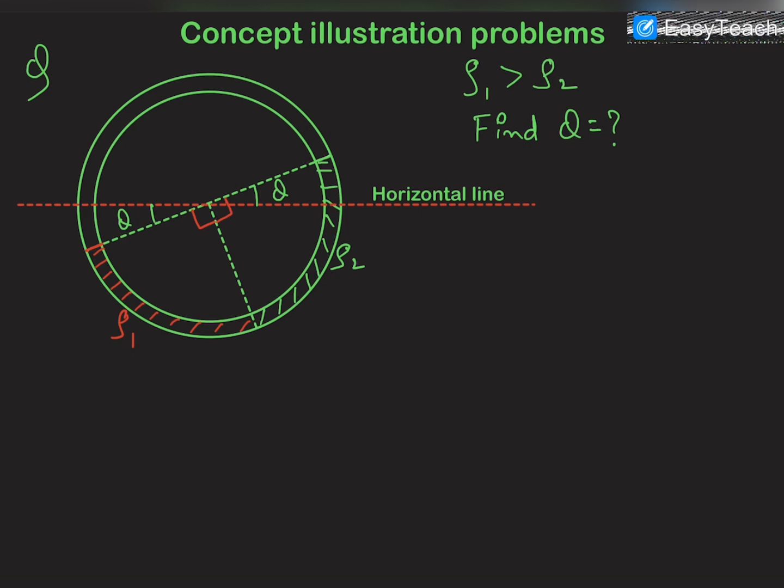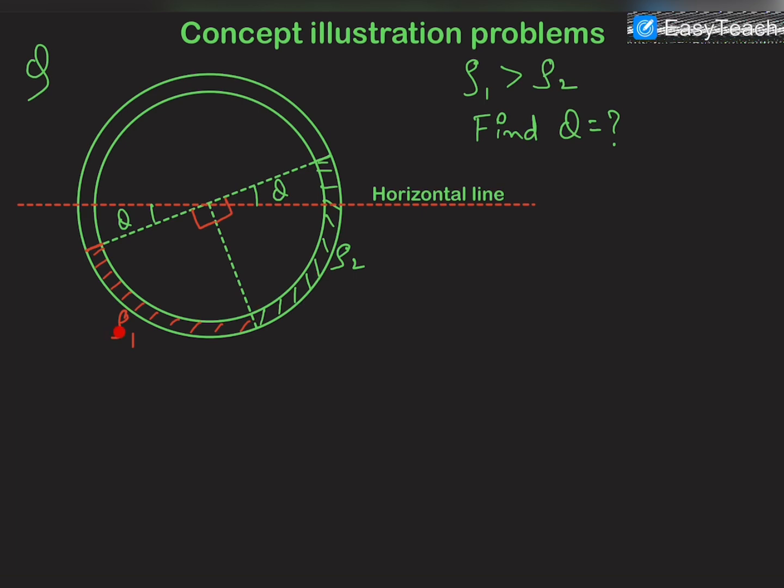But obviously, as the densities are not equal, this line, which is the line connecting the free surfaces of the two liquids, will not remain horizontal, and theta will be 0 only if the densities are equal.